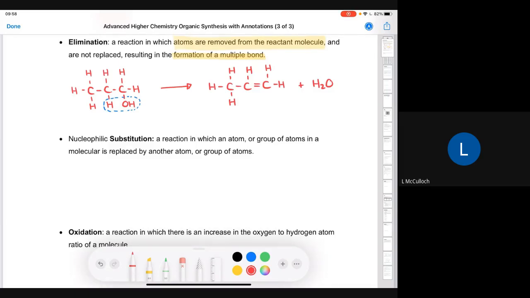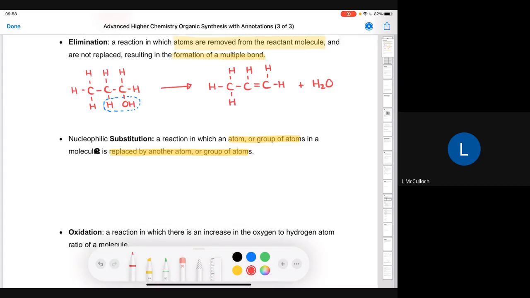In a nucleophilic substitution, it's a reaction in which an atom or a group of atoms in a molecule is replaced by another atom or group of atoms. Again, we'll look at this particular example in a lot more detail, but I'm just going to give you one wee example just now, just so you can see exactly what's going on.